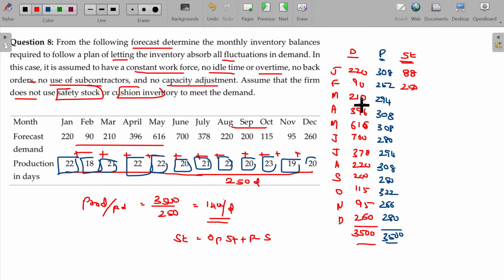250 plus 294 minus 210, 334, and 334 plus 308 minus 396, 246.